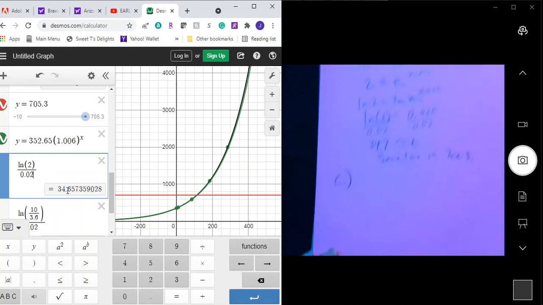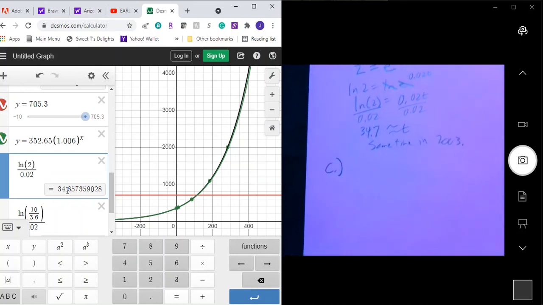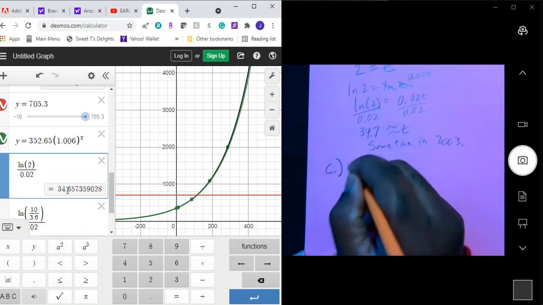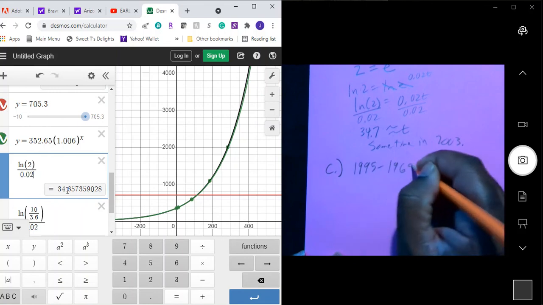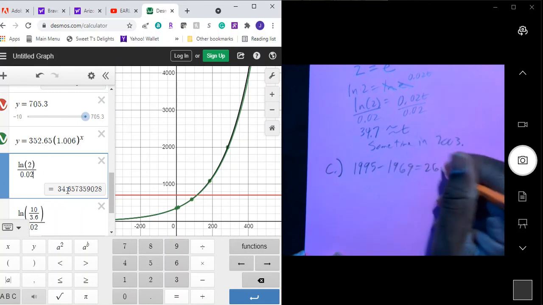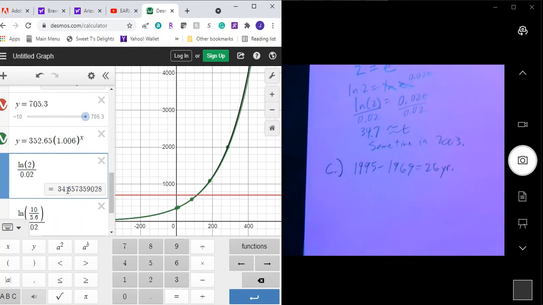So now we go to C. It says the world population in 1995 was approximately 5.7 billion. How does this compare with the population predicted by your growth model in part A? Okay, so let's first do this. We would take 1995 minus 1969, which would be 26 years, because remember, this model is since 1969.